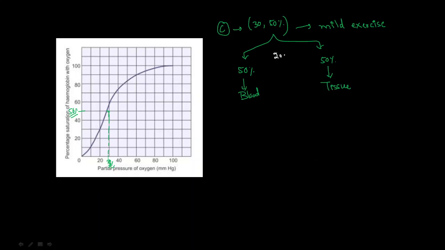Again, in 100 ml of blood, 20 ml of oxygen is present. From this 20 ml, 50% will remain in blood, that is 10 ml, while the remaining 10 ml will be given to your tissues, right? So this is what is happening when you are doing a bit of activity, or just mild exercise, right?